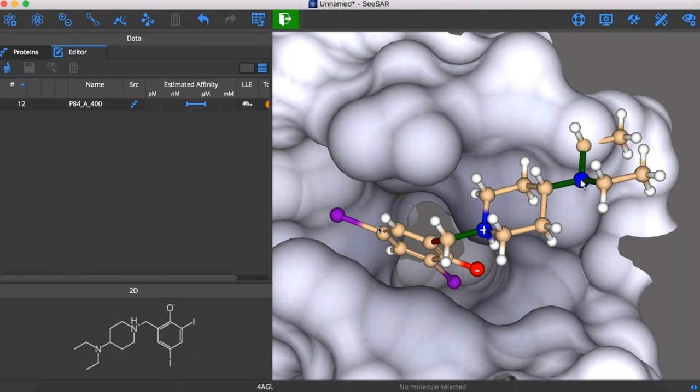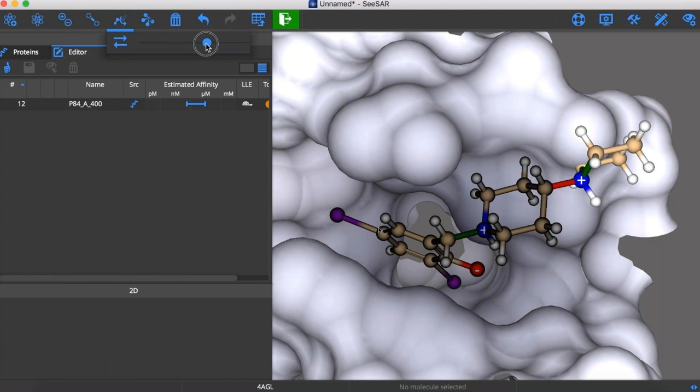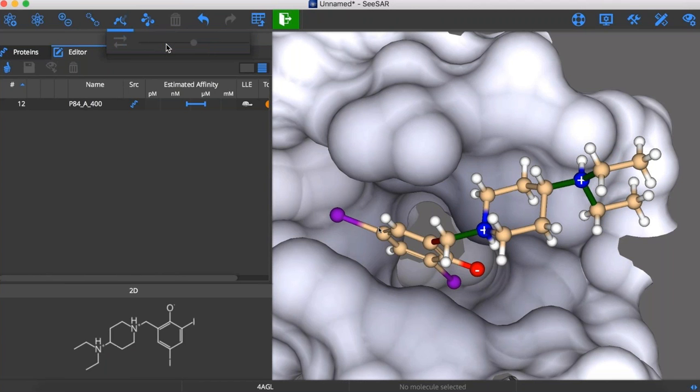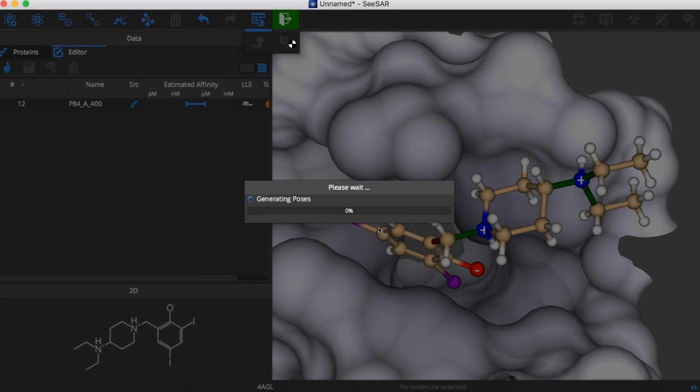As you can see, the structure is growing into the surface, which I can correct. I don't have to, the docking will take care of that, but it shows very nicely how you can use the information of the torsional quality, which shows how well a torsion is distributed in the CSD.